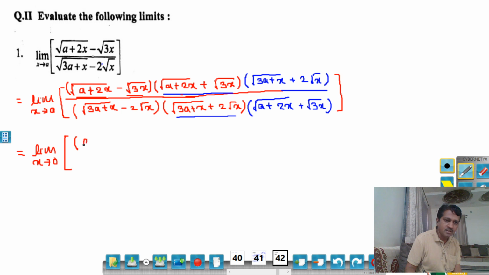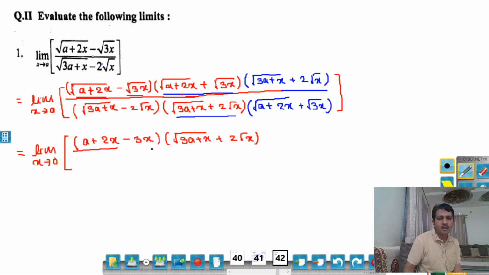The square of first is nothing but a plus 2x, minus the square of second. It is simply 3x. This is the product of the first two brackets. The second as it is, the last bracket under root 3a plus x plus 2 root x as it is.